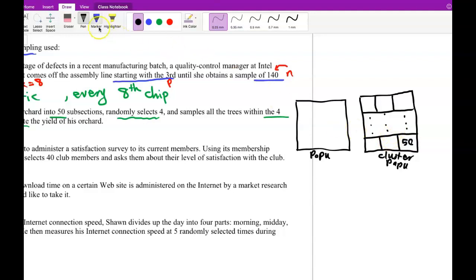This is the first one, and this is 50. So we have 50 groups here, and in each one we have 4: 1, 2, 3, 4.